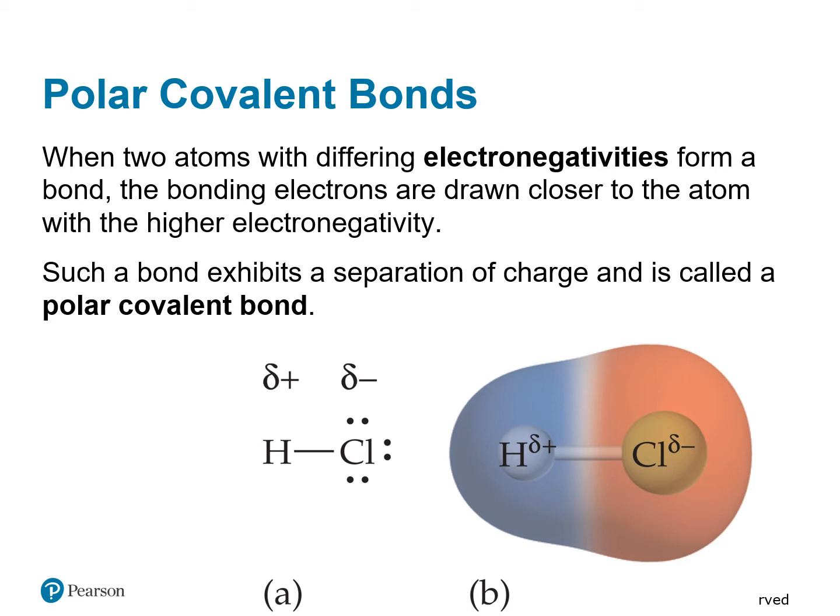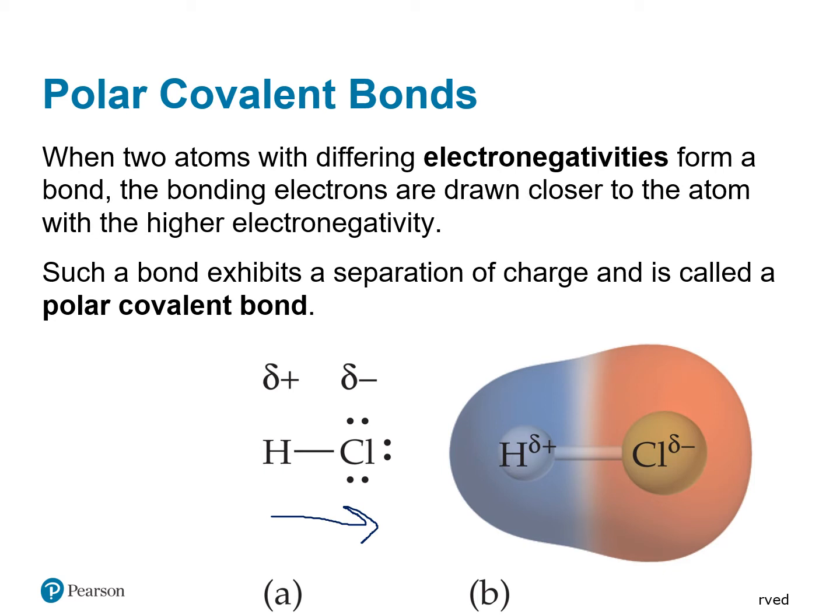So for these two elements in the hydrogen chloride bond, chlorine has more ability to pull the electrons towards itself, right? You can think of it like it's pulling all the electrons towards itself. So the bonding electrons are drawn closer to the atom with the higher electronegativity.